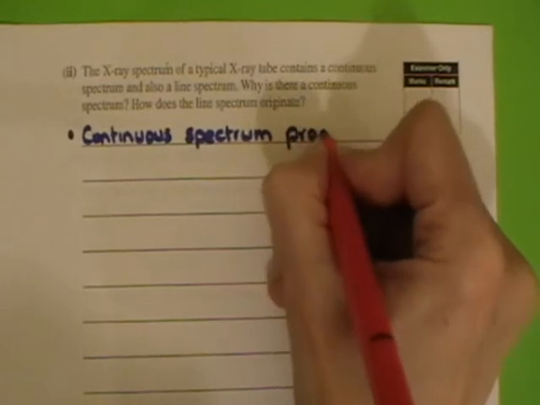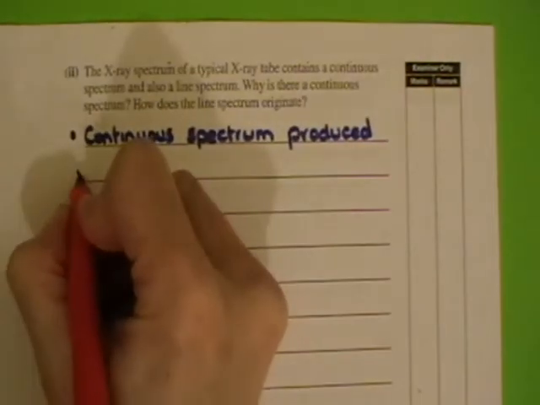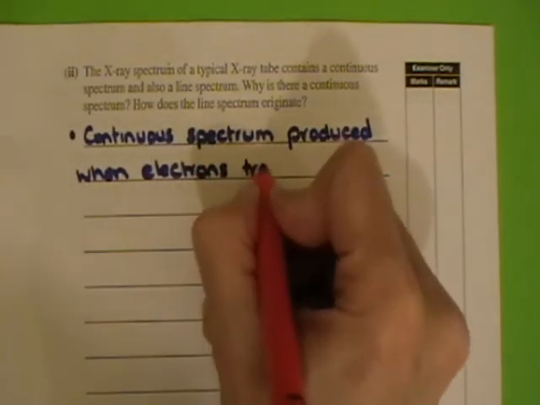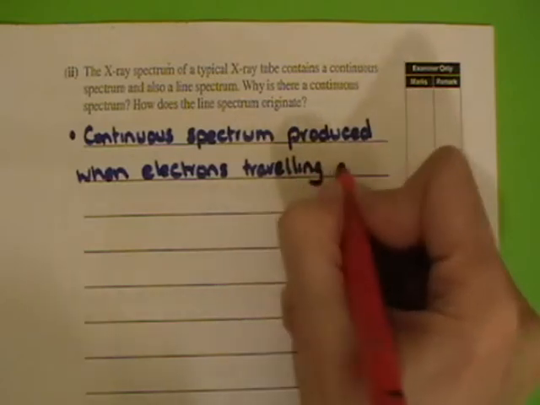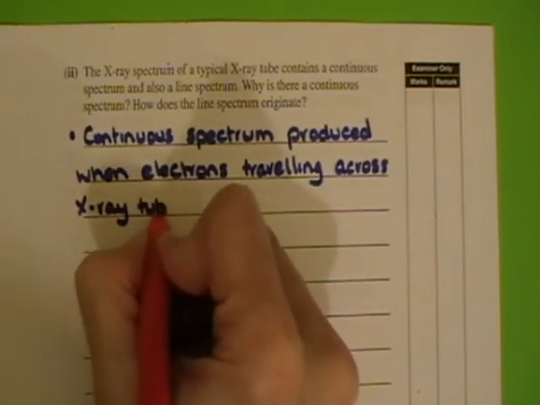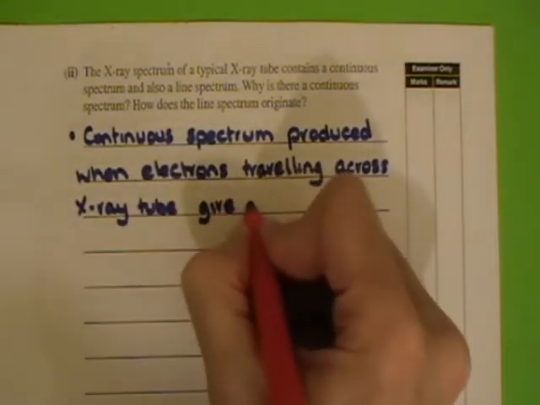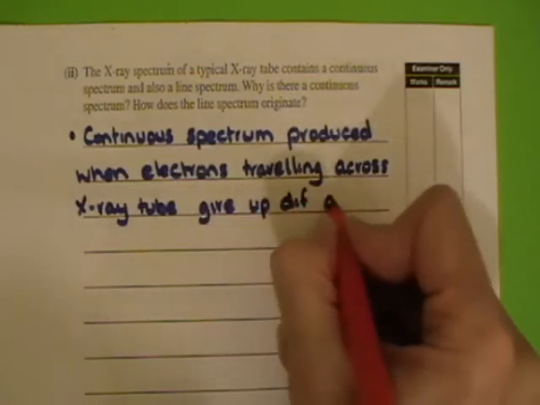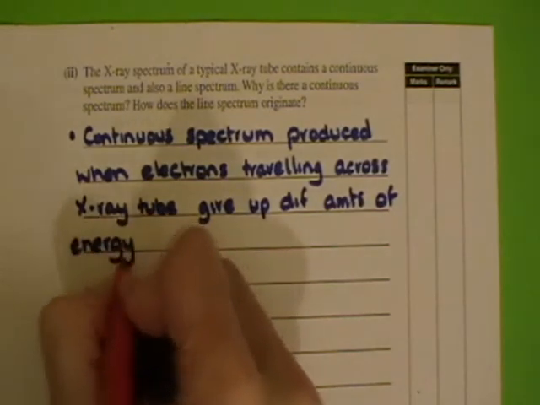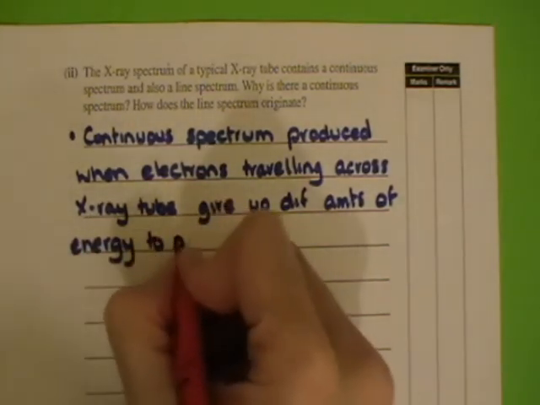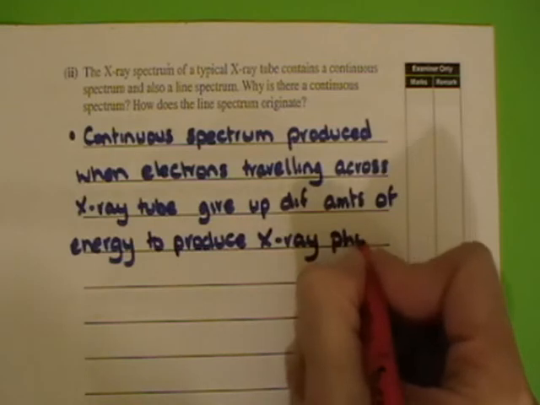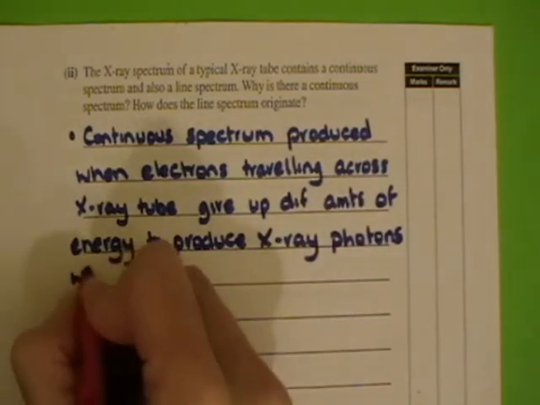It is produced when electrons travelling across the X-ray tube give up different amounts of energy to produce X-ray photons when they hit the anode.